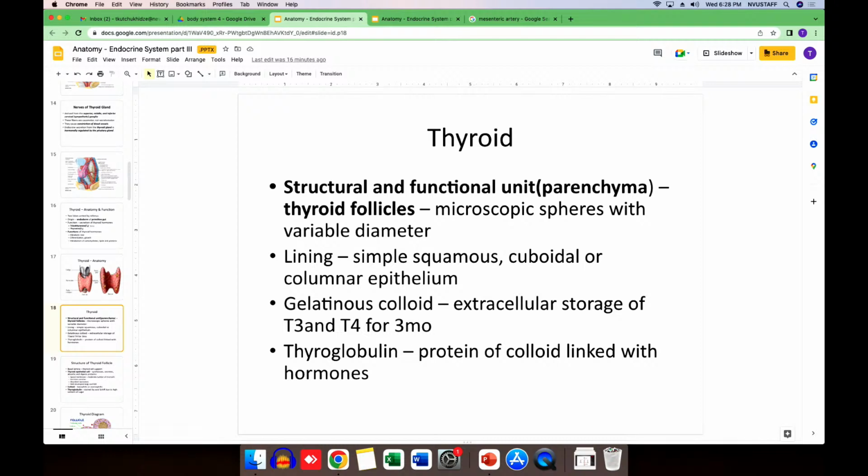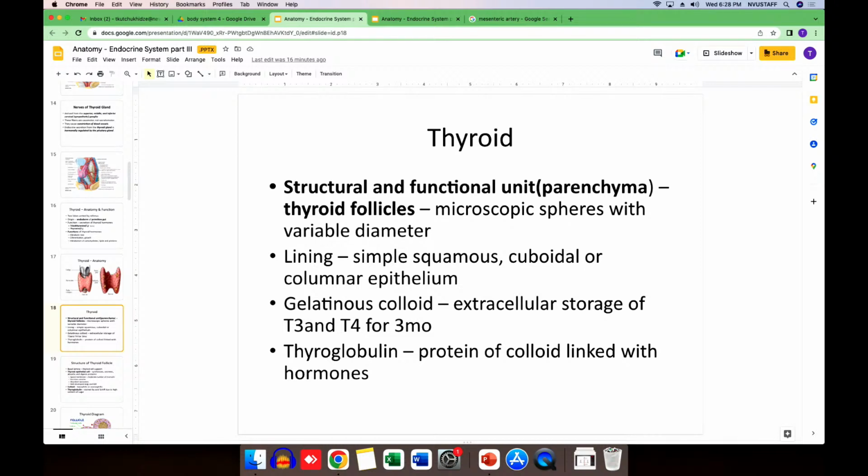Yeah. Structure and function of the parenchyma of the thyroid follicles. So inside we have thyroid follicles, and they are microscopic spheres with variable diameters. They are lined with a simple squamous, cuboidal, or columnar epithelium.